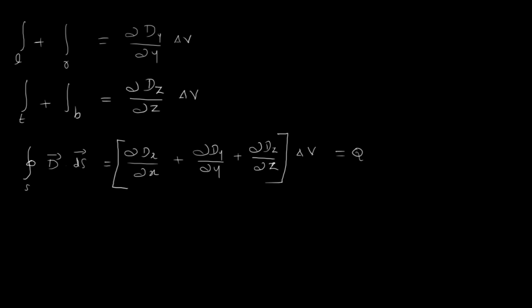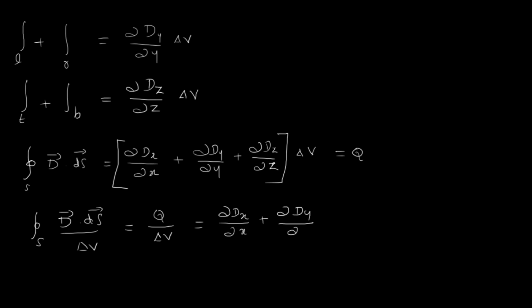I will get the partial differential, or rate of change, of D with respect to x, y and z. So writing that, I write closed integral D dot dS divided by delta v, which is the same as Q by delta v, that is Q by volume. This gives me the rate of change of flux density over the three coordinates.